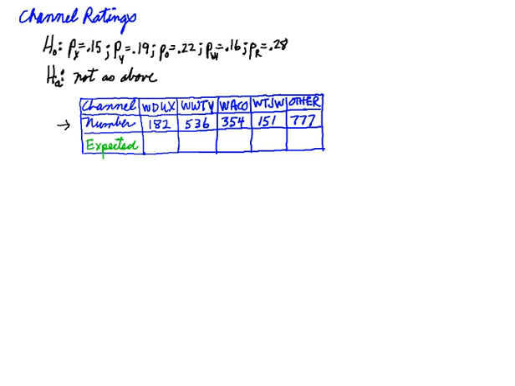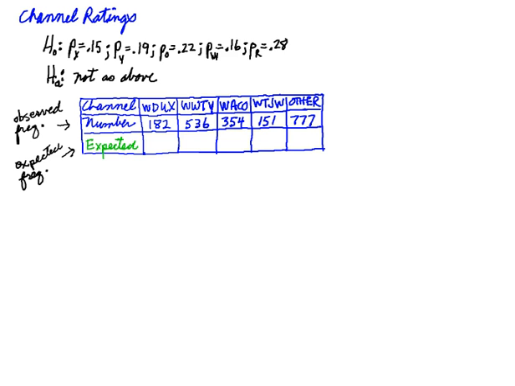So these are basically the observed frequencies. And I need to calculate the expected frequencies. And how would you do that?